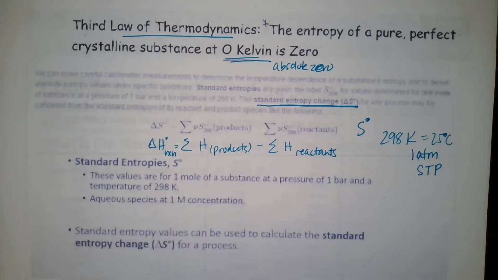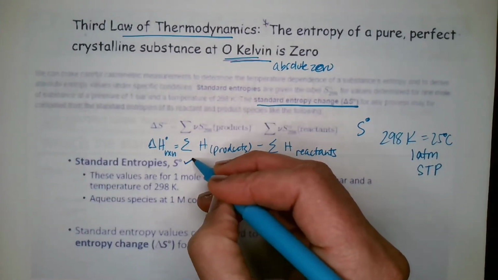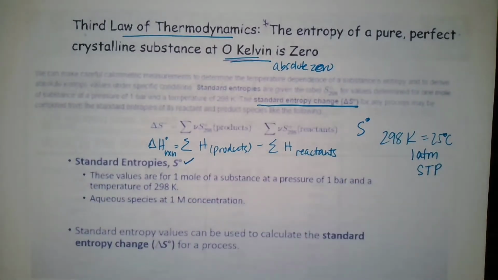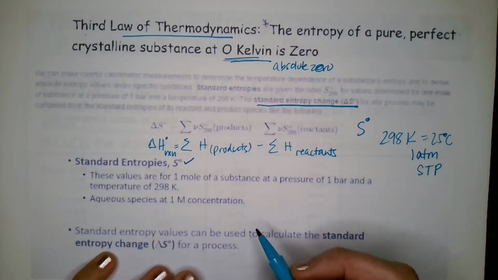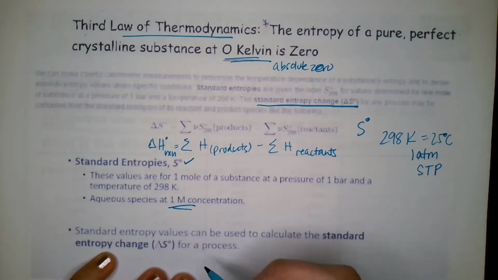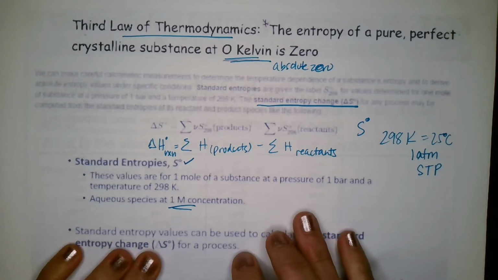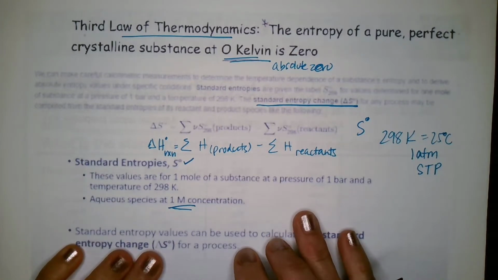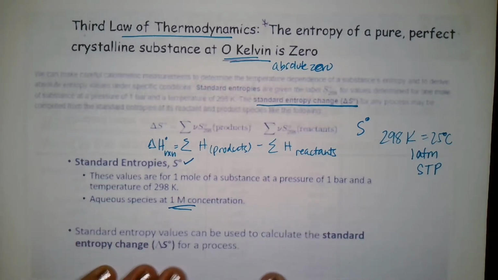So this little symbol here means the standard conditions, which is 298 Kelvin and 1 atmosphere pressure; if you happen to have an aqueous solution, it's 1 molar concentration. To calculate the standard entropy change as reactants turn to products, we look up each value in the thermodynamics chart in our appendix, and we take the sum of the products minus the sum of the reactants.